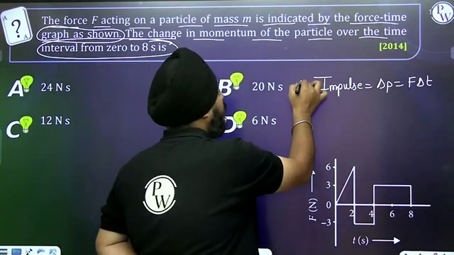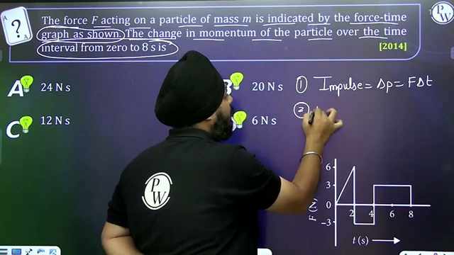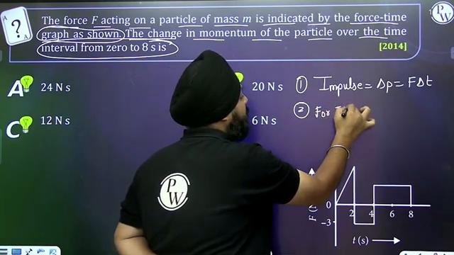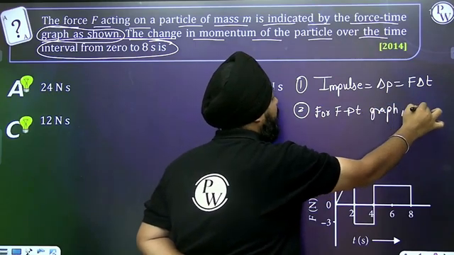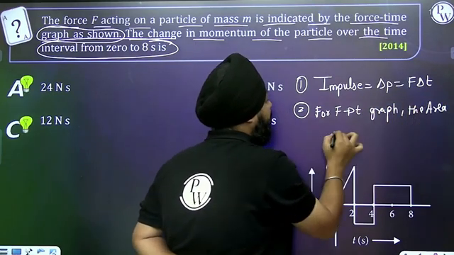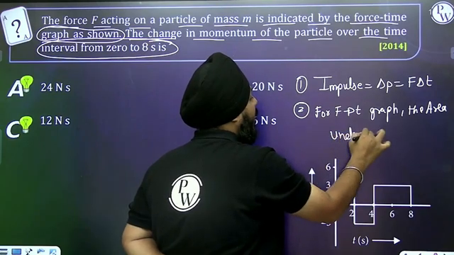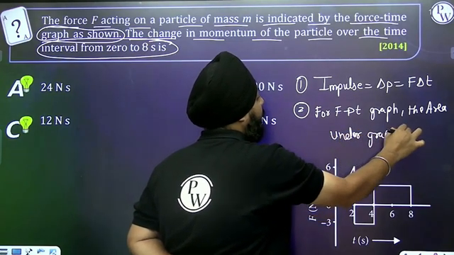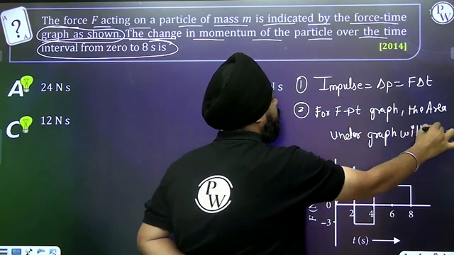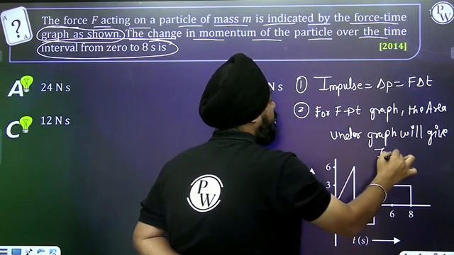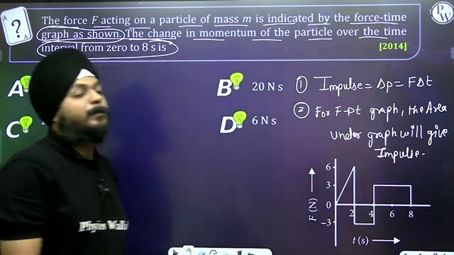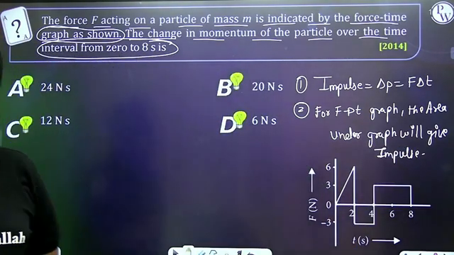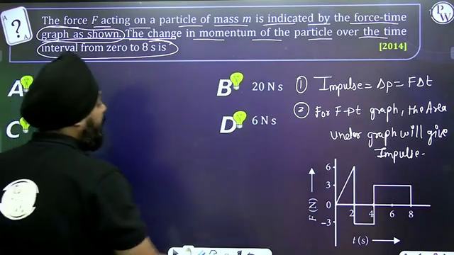So for a force versus time graph, the area under the graph will give the impulse.